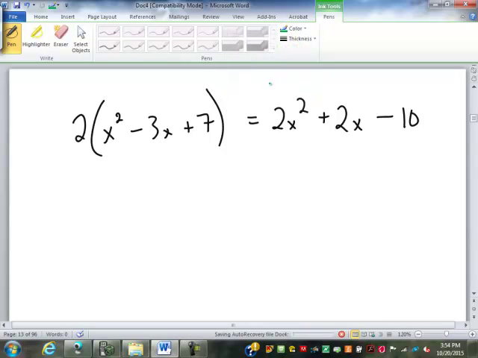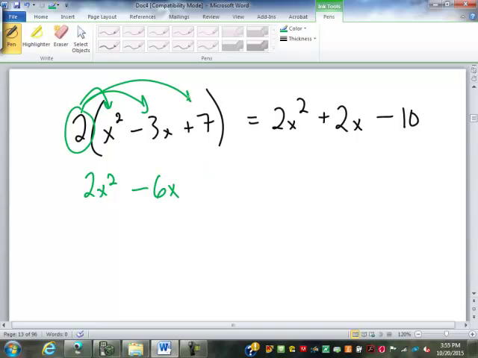Step 1 would be what? Okay, the parentheses. We're going to multiply by the 2. 2 times x squared is 2x squared, and then 2 times negative 3x is a negative 6x, and then 2 times 7 is a positive 14.